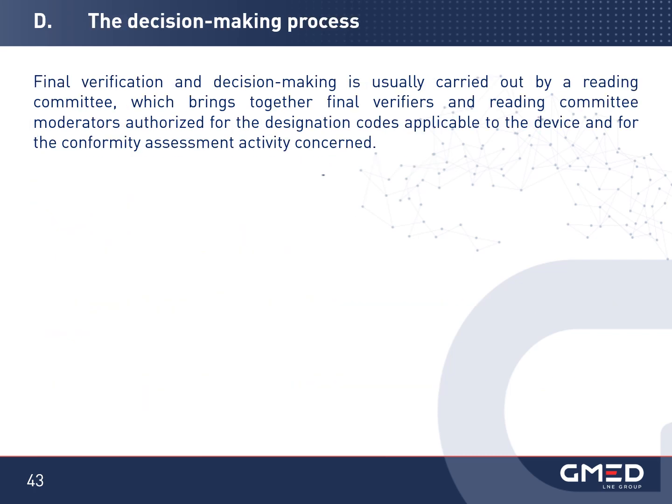It should be noted that the final verification and decision-making stages that make up the decision phase are generally, and as far as possible, carried out simultaneously during a reading committee that brings together final verifiers and reading committee moderators authorised for the designation codes applicable to the device and for the conformity assessment activity concerned. There are two types of reading committee.